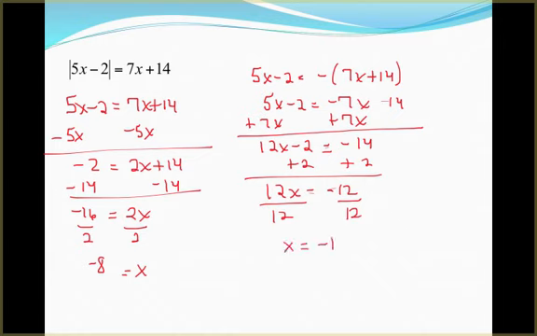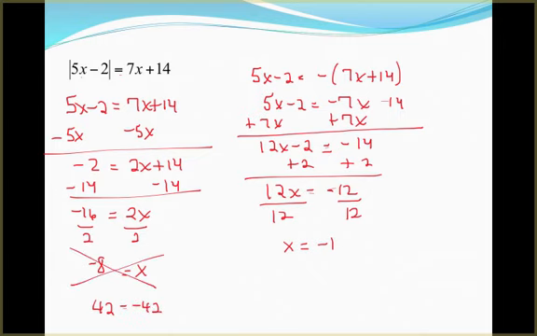Now the last thing I need to do is just check to see if either of these are extraneous roots. So if I put in negative 8, 5 times negative 8 would be negative 40, minus 2 would be negative 42, and the absolute value of that would be 42. So on one side I've got 42. On the other side, if I do 7 times negative 8, that's negative 56, plus 14 is negative 42.